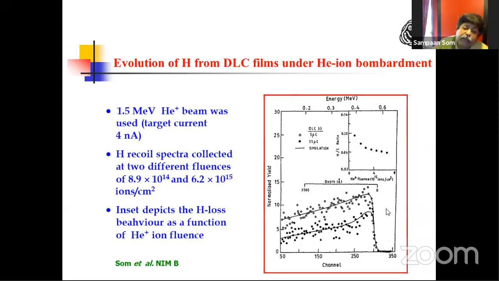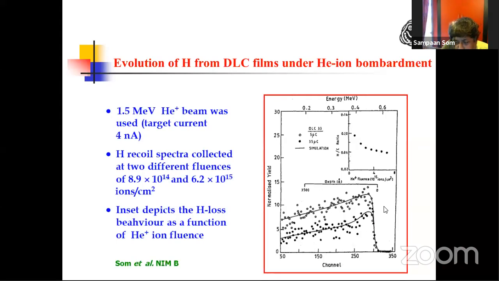To start with, the hydrogen content was like this, right at the beginning. We kept on acquiring the spectrum after a short time window, say every 3 to 5 minutes, with very low current. We kept on acquiring these hydrogen spectra.